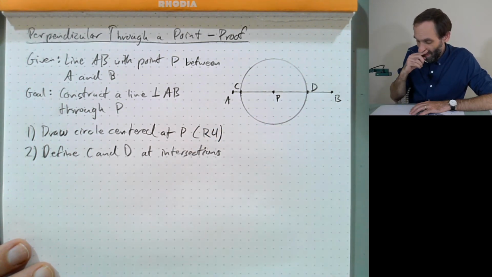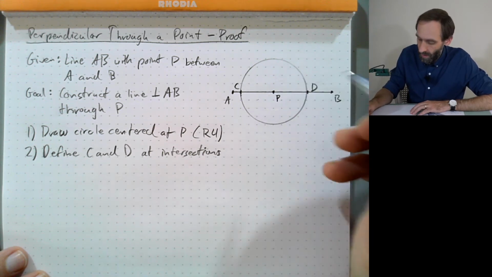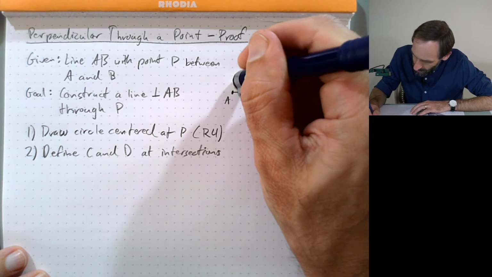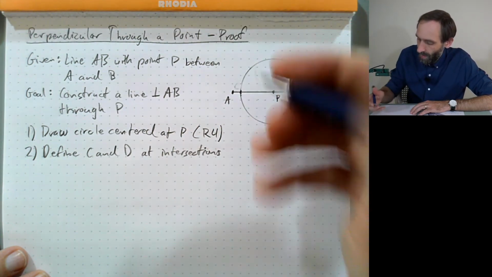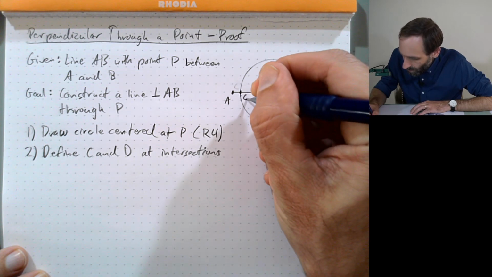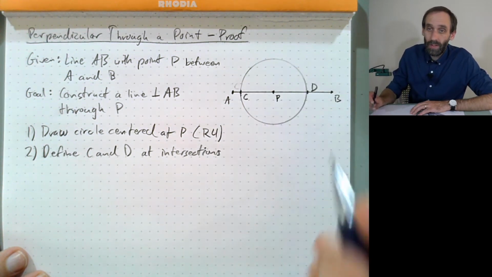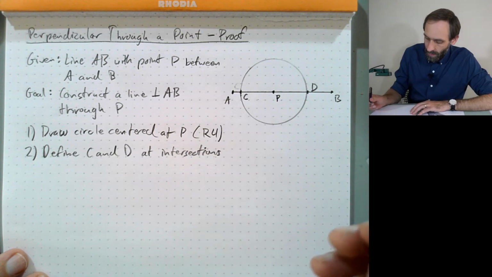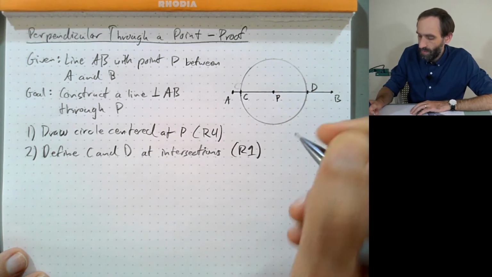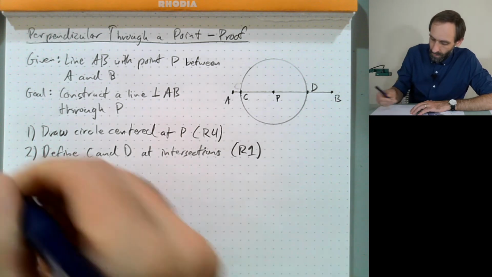I know I'm not specifying which intersections, but you can tell from the diagram. Maybe I'll put C inside the circle so it's very clear it's not another name for point A. Our justification there, rule number 1, says you can draw or define a point anywhere.